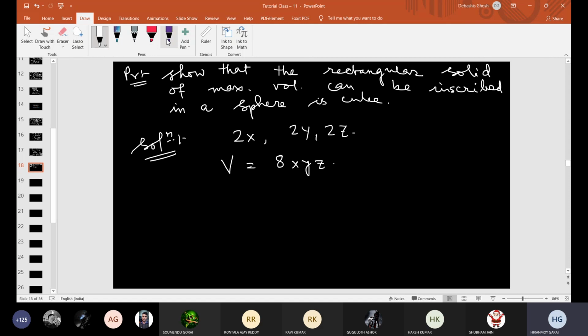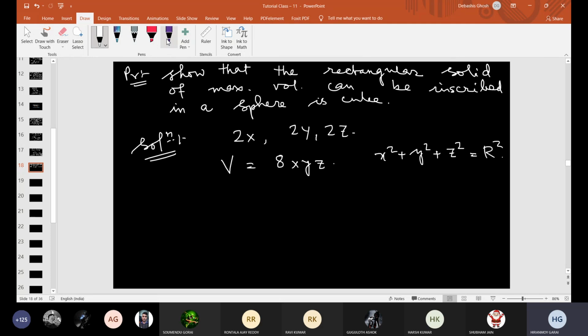So here the condition is that the sphere is x square plus y square plus z square equals r square, where r is the radius of the sphere we consider. For the maximum volume under this constraint, V is a function of x, y, z under the constraint.